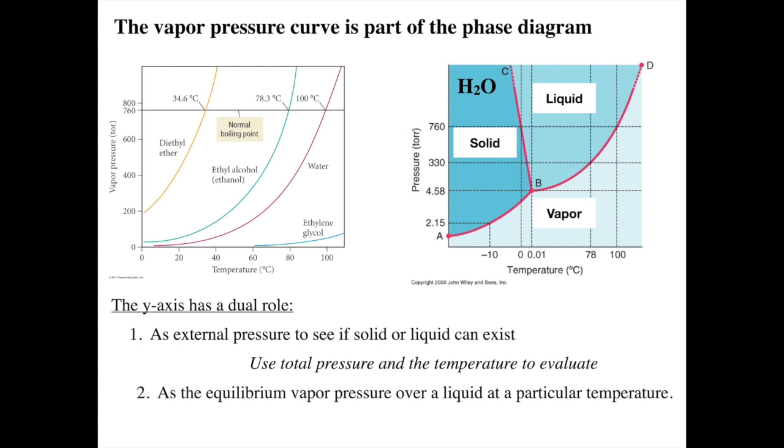It can also be used as the equilibrium vapor pressure of just the substance itself as a function of temperature, like we did before when we were considering vapor pressure curves on their own. So the pressure in that case on the y-axis is the equilibrium vapor pressure of that substance.